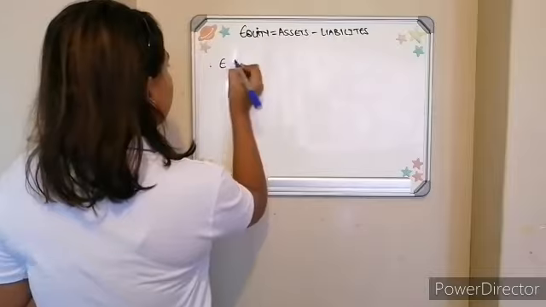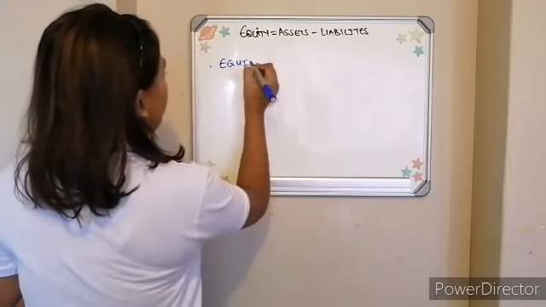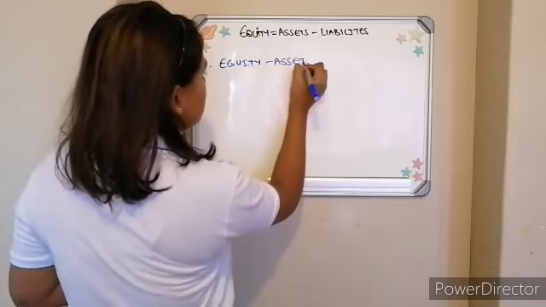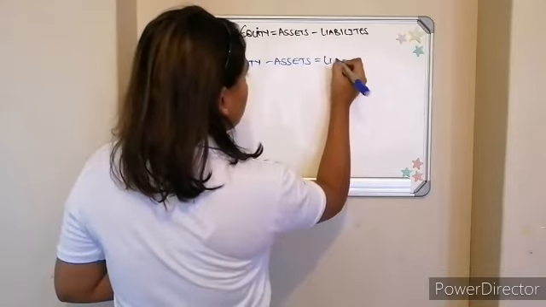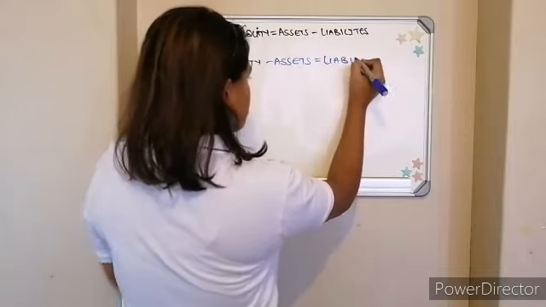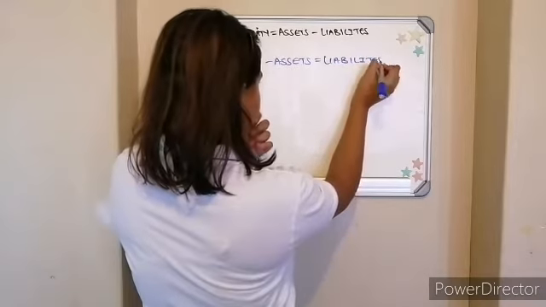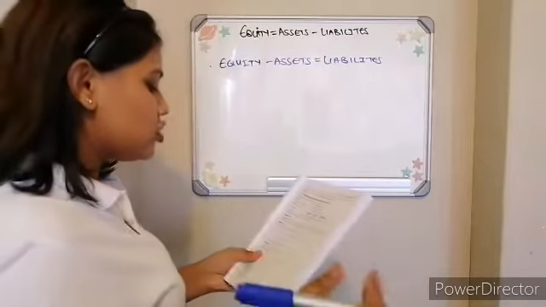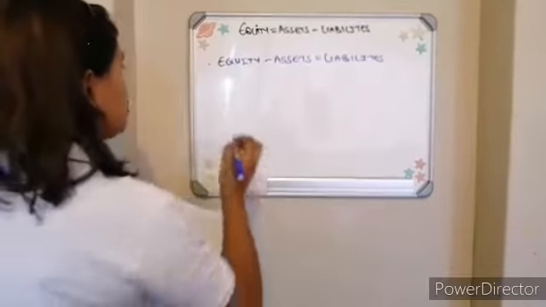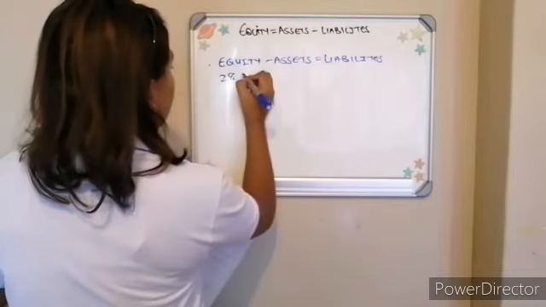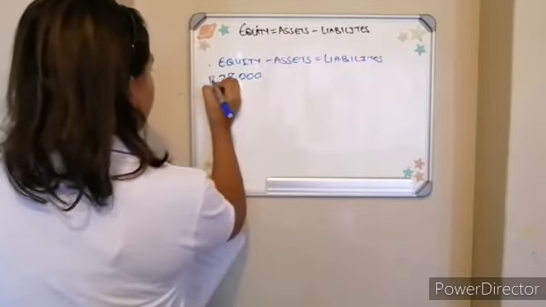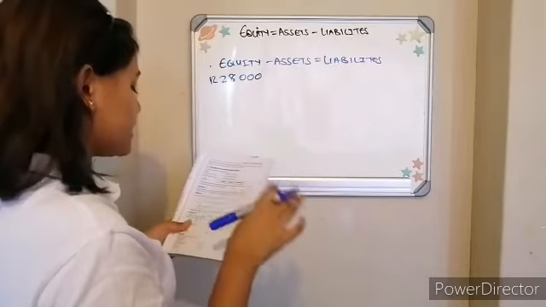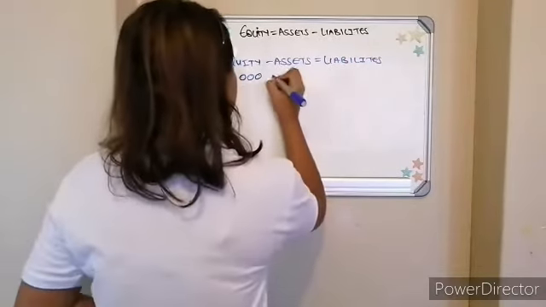So it's going to be assets minus equity equals liabilities. So he tells us his interest in the business is $28,000. Then he goes on to tell us that the value of his assets is $40,000.